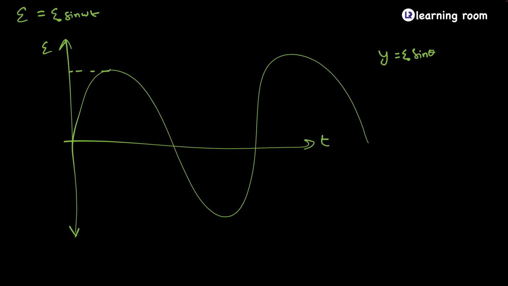So here if I take, then this is going to be E naught, and this will be -E naught, and this E naught is what is called as the peak value. It is called as a peak value because it defines the amplitude of this particular alternating EMF.